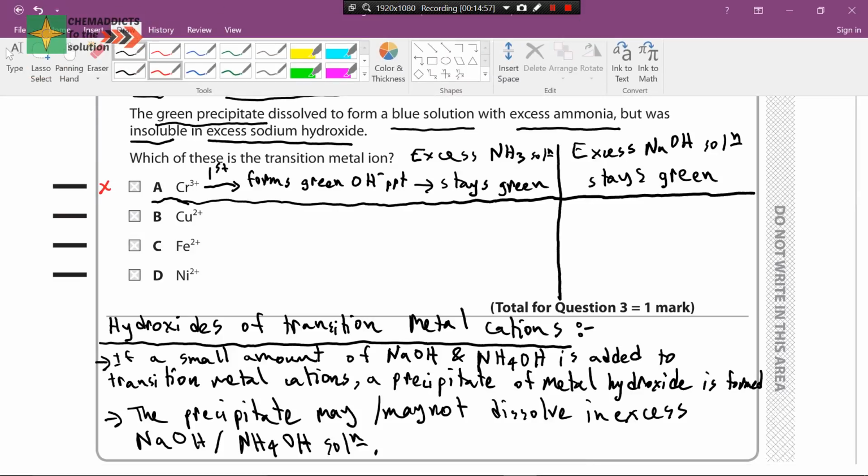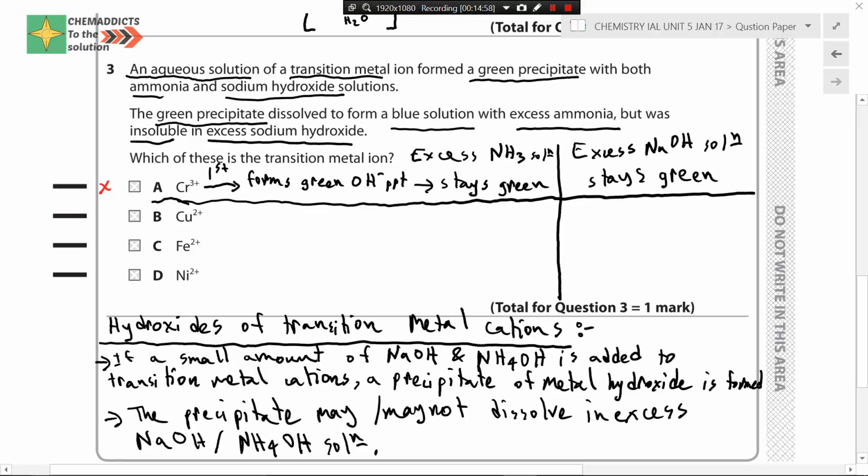Okay, now let's move on to B, whether copper 2 plus will give the positive test or not. Okay, let's see. At first let us see what this first gives.